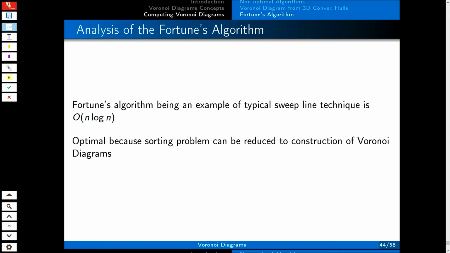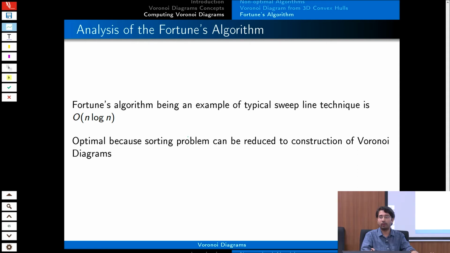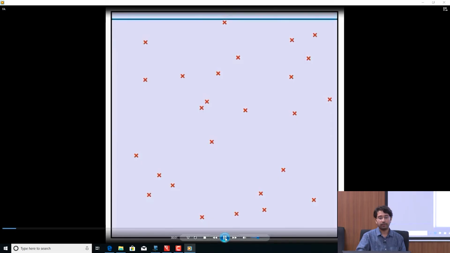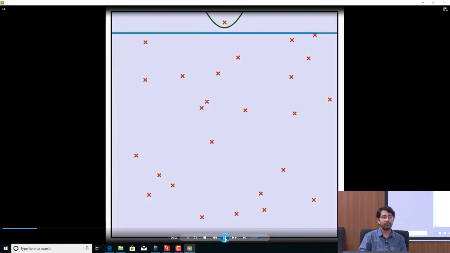Because it is a beautiful algorithm, I could give you a detailed description of how to handle each of these event points and how to maintain a balanced binary search tree. I do not want to go into detail because it will ruin the fun of it. But take any standard textbook. If you do not have a textbook, Google it. Voronoi diagram Fortune's algorithm. They have plenty of descriptions which perfectly describe what we have to do in each event point. Okay. So, this is an example of what actually happens.